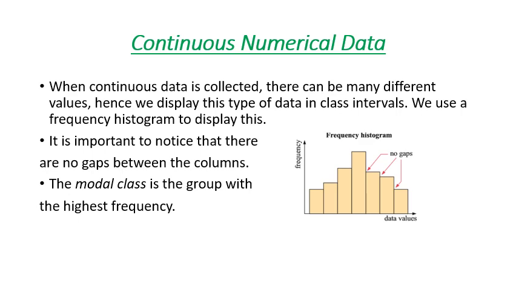But it's really important to identify that there are no gaps between any of the columns in this particular case. The modal class of this graph is the one with the highest frequency. So this particular one here is our modal class.